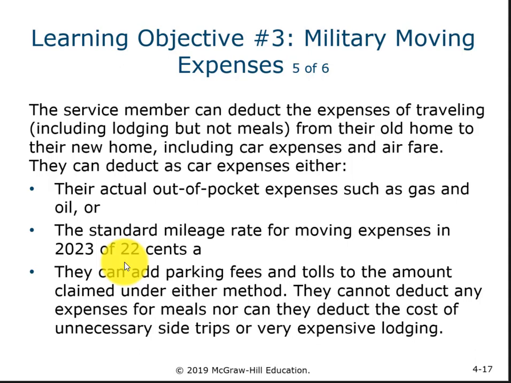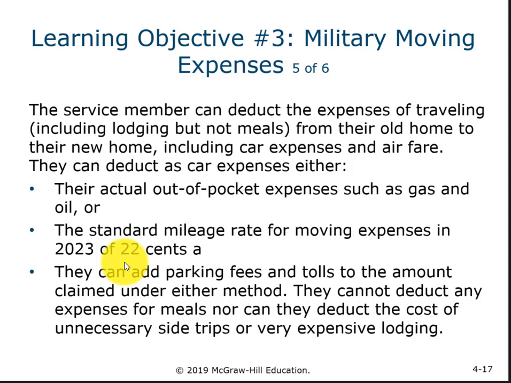So if you look at where you're moving from to where you're moving to, calculate the miles, and then you can deduct 22 cents times whatever those mileage are. On top of that, if you have to pay any tolls along the way, that's an addition. If you have to park somewhere in a commercial lot and have to pay for that, that's an addition. What is not added to that is meals, or any extra miles to go on a side trip.